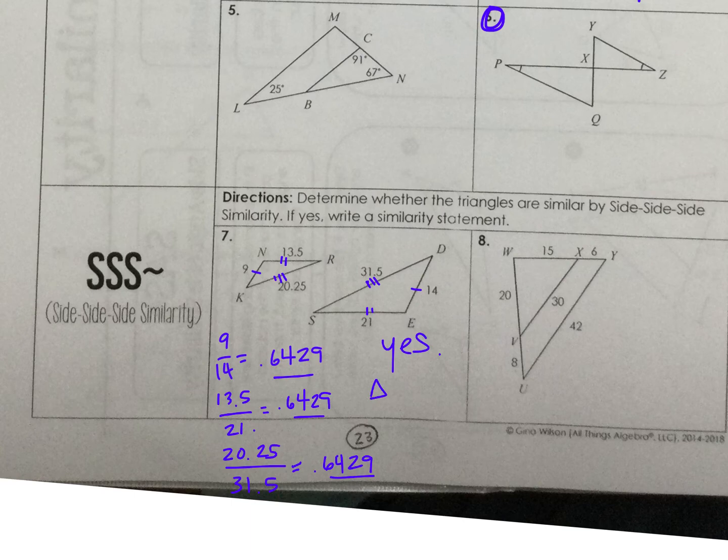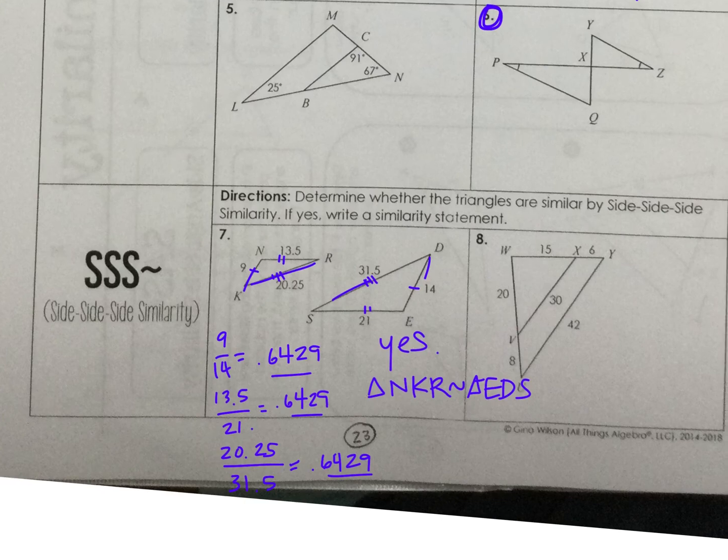And triangle NKR is similar. So I went down, then down the 3. So EDS. Oops, triangle EDS. All right, make sure that congruency statement's written down.